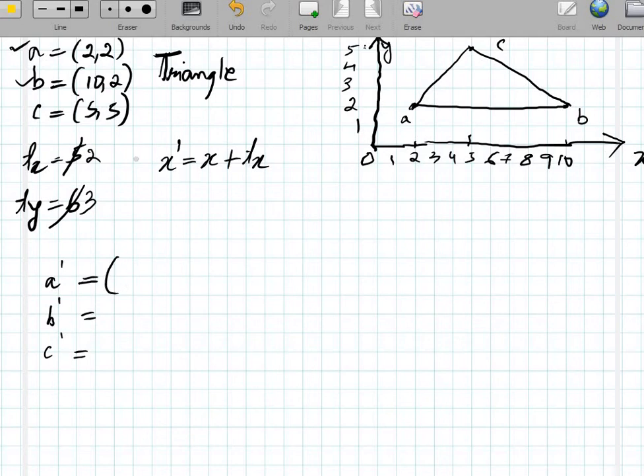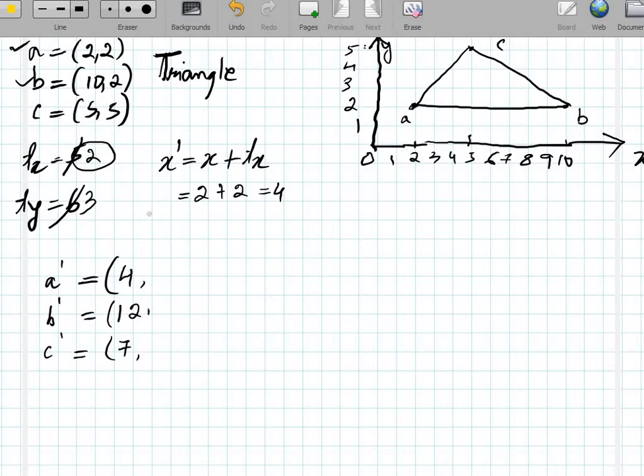Now the first point: x dash will be equal to 2 plus 2. 2 is your dx. So what we have here is 4. Likewise you will have 10 plus 2, which is 12, and 5 plus 2, which is 7.